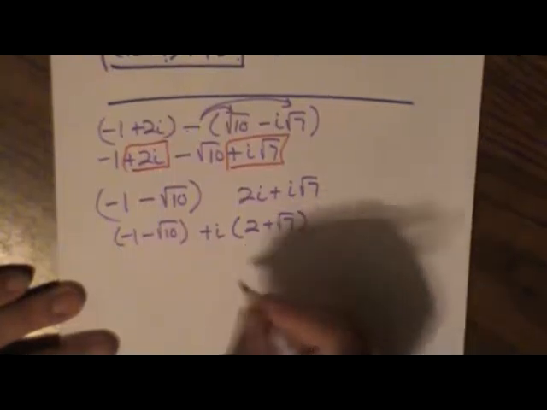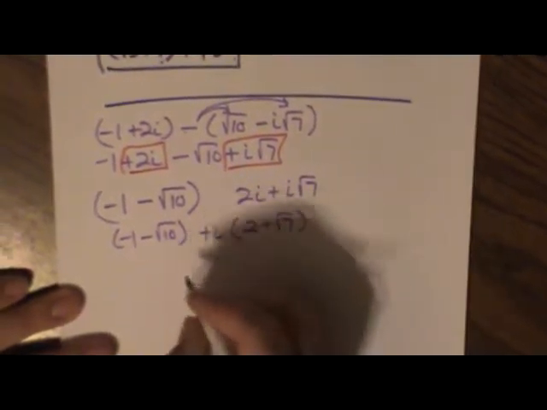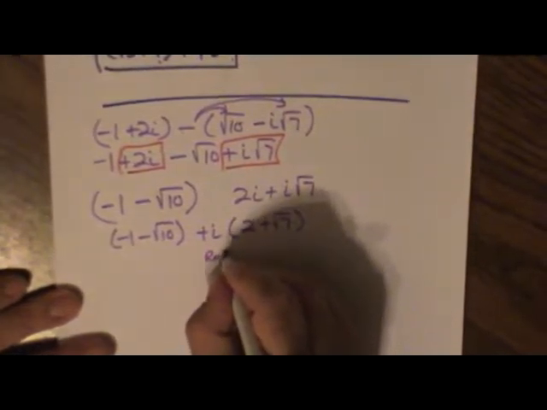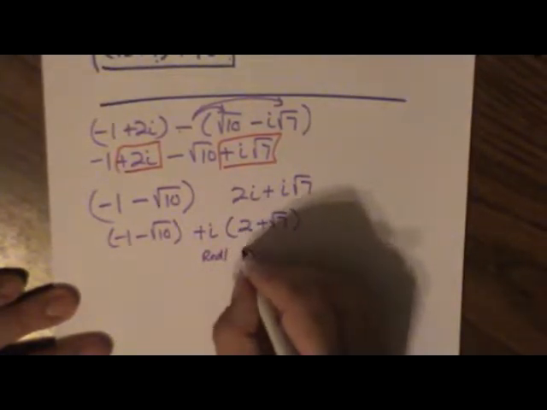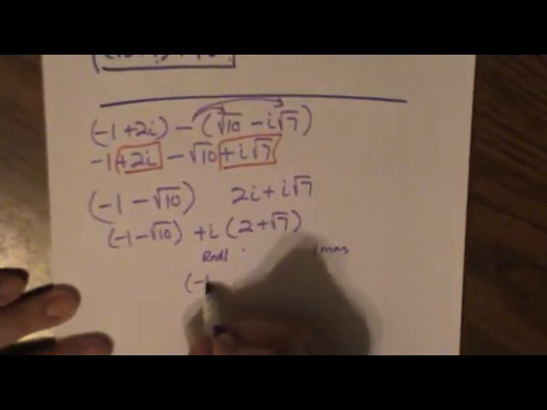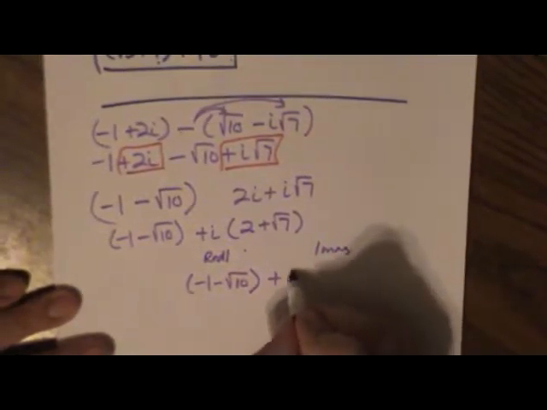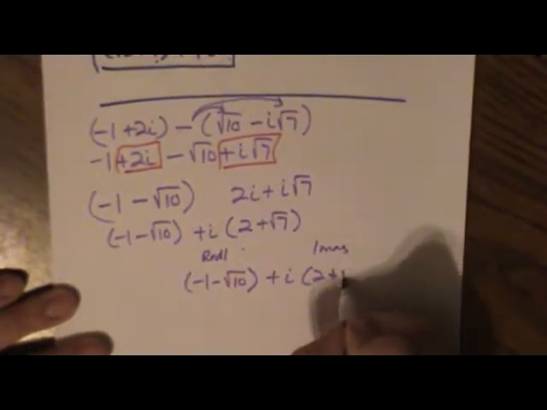So our real part in this case is -1 minus the square root of 10, and our imaginary part is 2 plus the square root of 7.